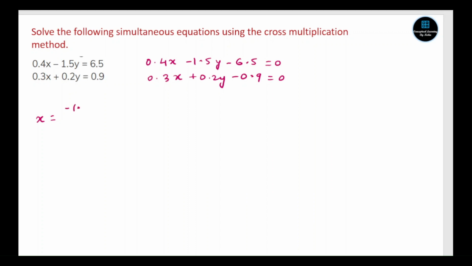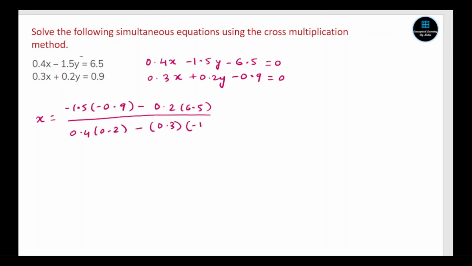So minus 1.5 into minus 0.9 minus 0.2 into 6.5 upon, I have to cross multiply these two. So 0.4 into 0.2 minus 0.3 into negative 1.5, and now we'll simplify this.